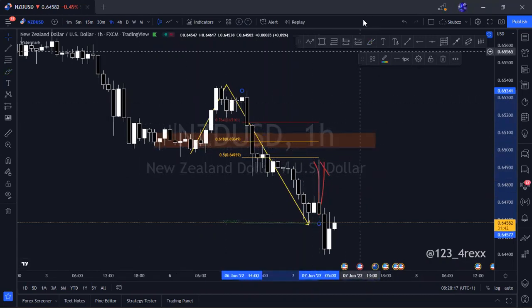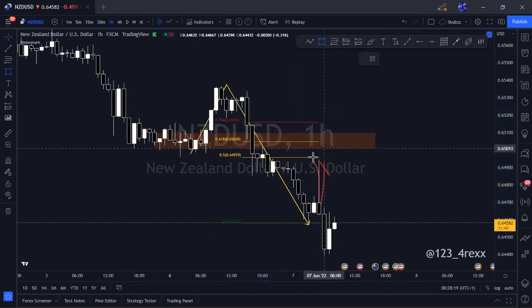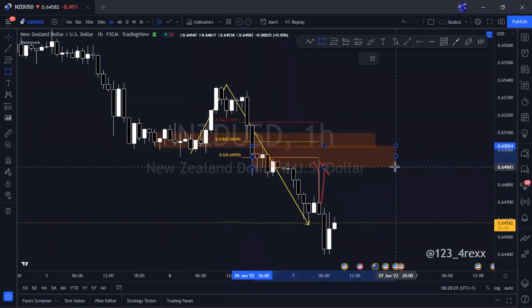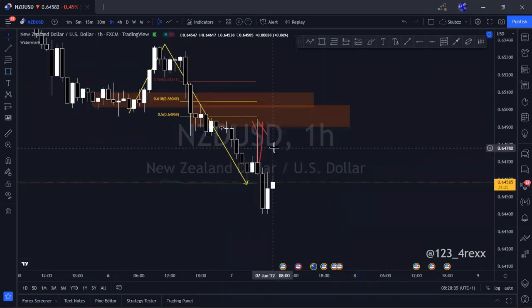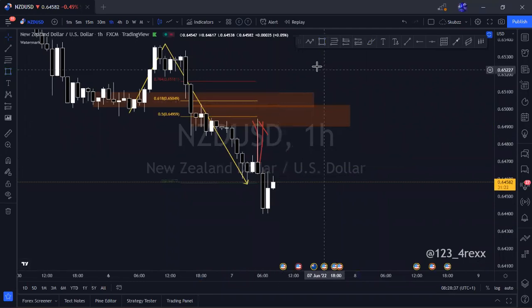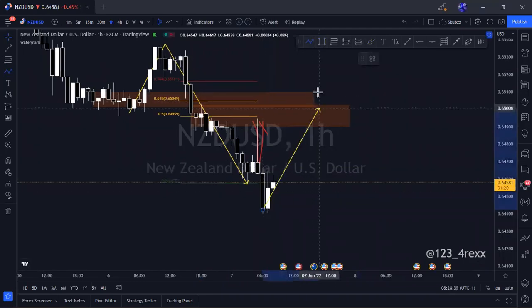It just missed it. But if we pay attention, we can see that it actually reacted at this doji candlestick here. You can call it a supply zone, and price actually reacted from there. What I would like to see on this one right now is another retest of these areas.